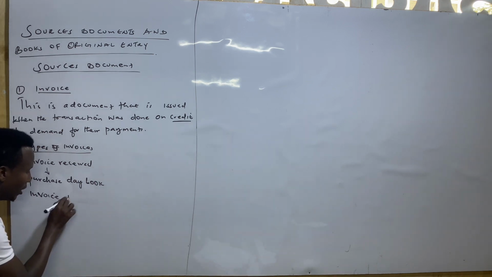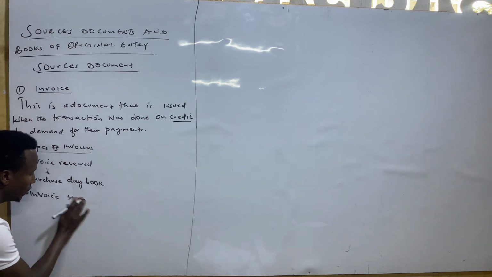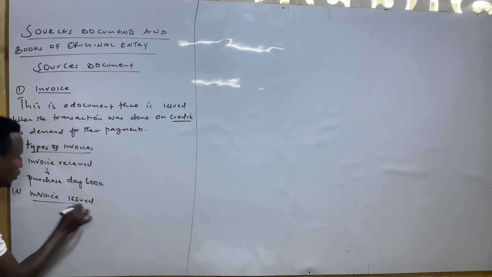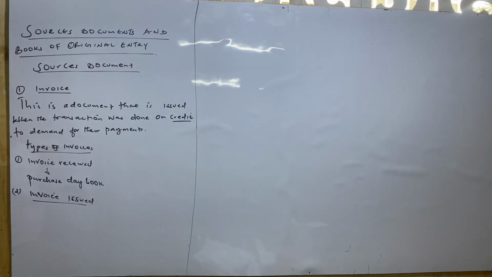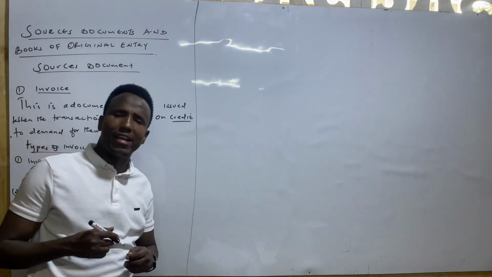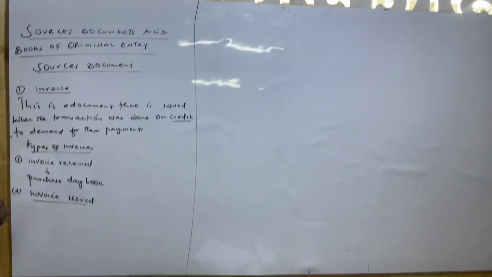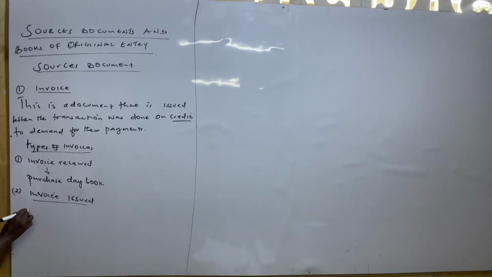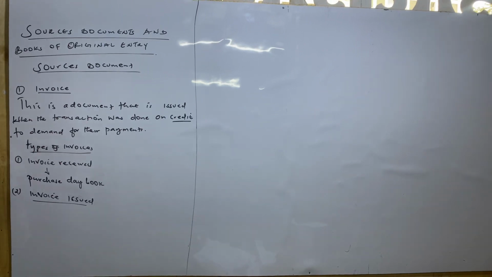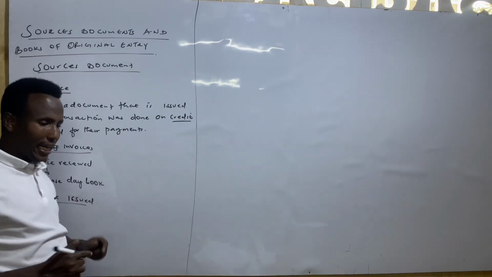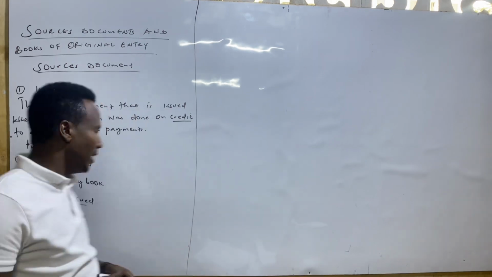Then, number two, we have invoice issued. Invoice issued is our number two. This is the invoice that we normally give to our credit customers, okay? So this type of invoice is given to a credit customer, a customer who's not giving us cash.